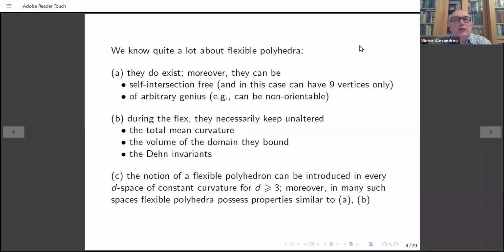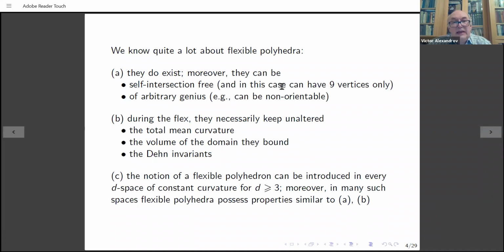Let me say that we know a lot about flexible polyhedra. I organized this knowledge in three groups. The first group says that flexible polyhedra do exist. Moreover, they can be self-intersection free.